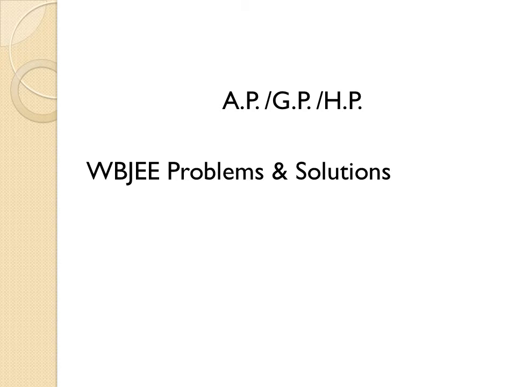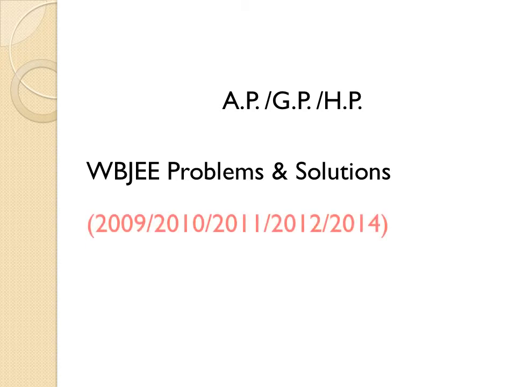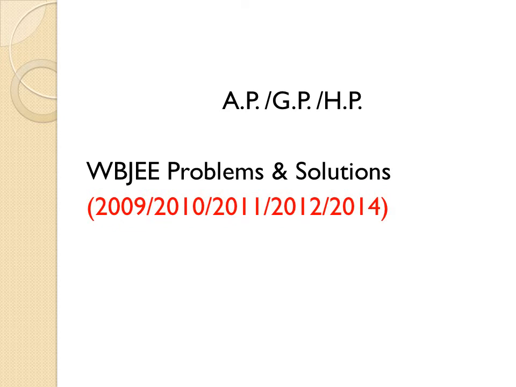Generally, previously I have seen 3 to 4 problems coming from the AP, GP and HP chapter. Later I found that the number of problems is less. But anyway, let's go ahead with the problems and solutions from the years 2009, 2010, 2011, 2012 and 2014 for AP, GP and HP.